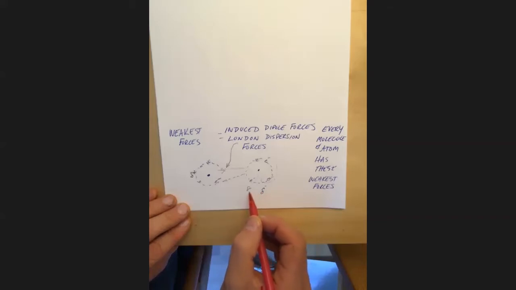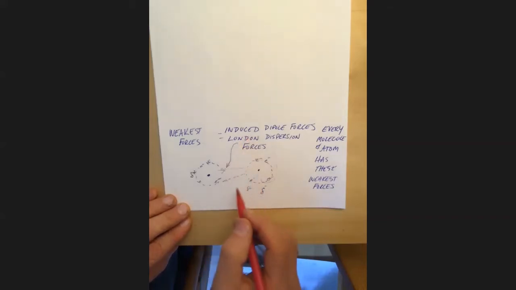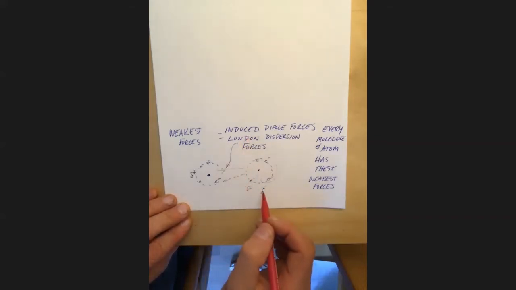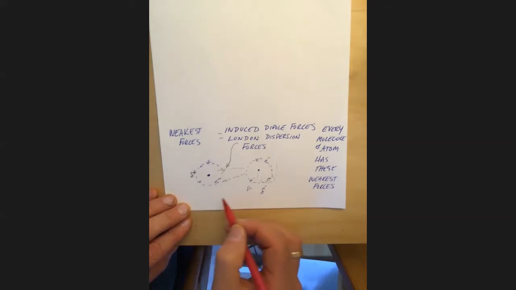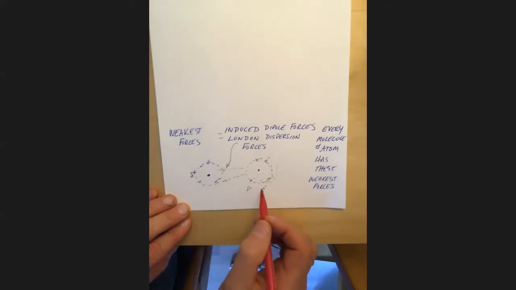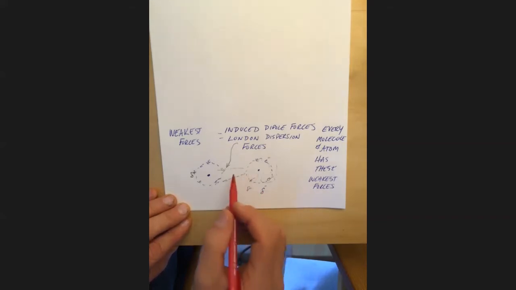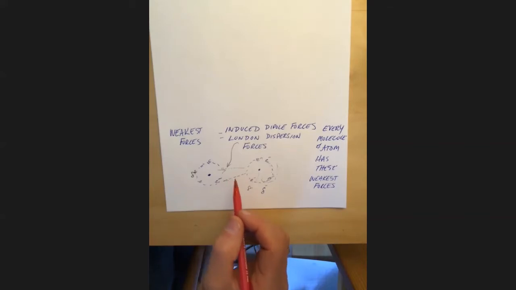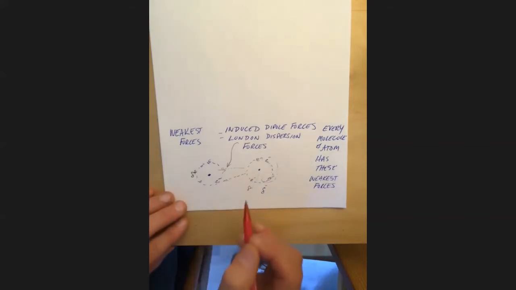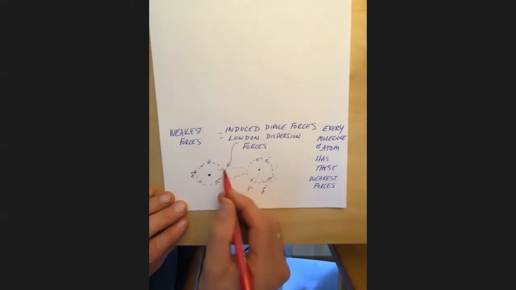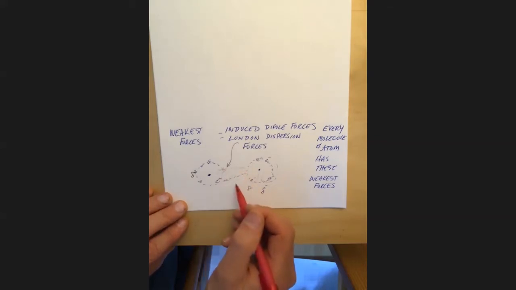And they're induced because the molecule doesn't have it all the time, it just has it for a very short time, way less than a second. But overall, that allows these molecules to be attracted to each other a little bit. But they're super, super weak.